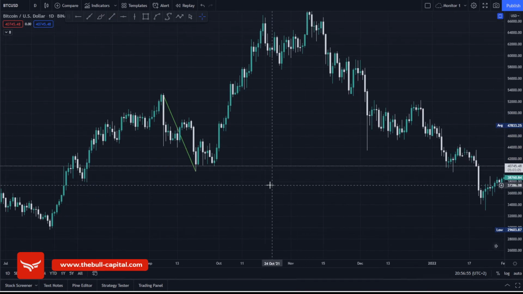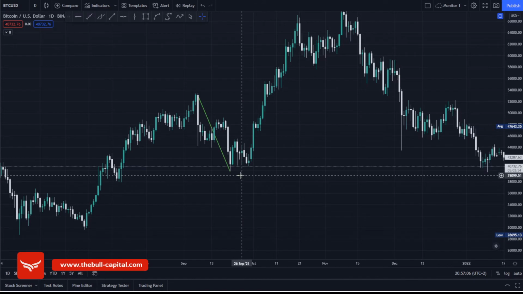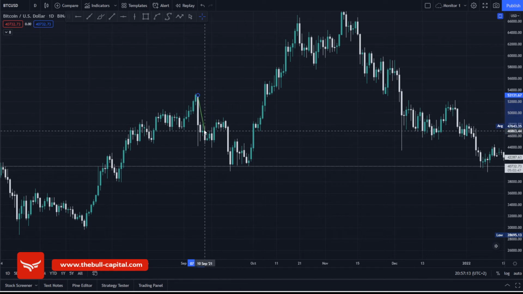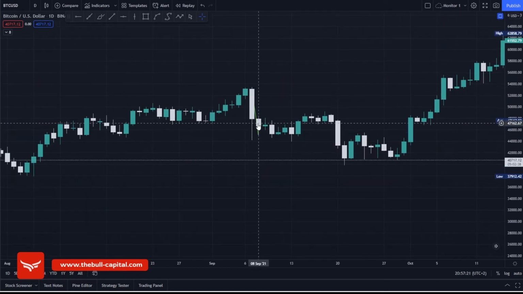On any time frame lower than weekly, you're not going to do what we did on the weekly time frame, I mean, stopping here on the last bearish candle.